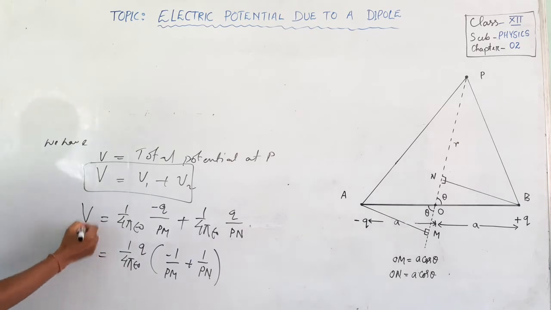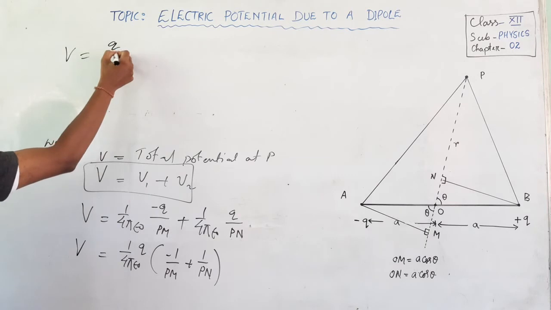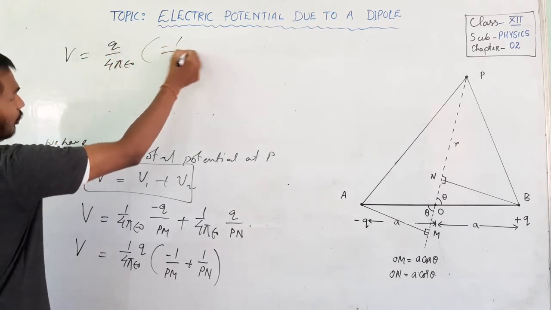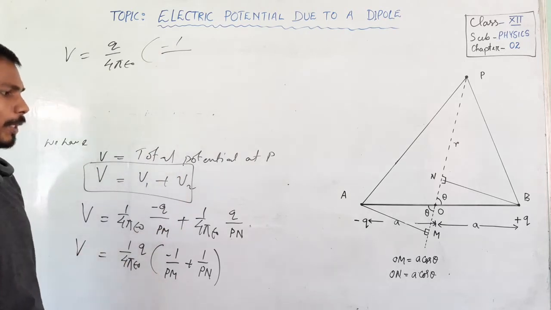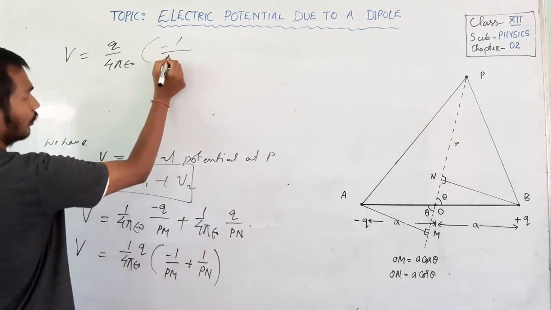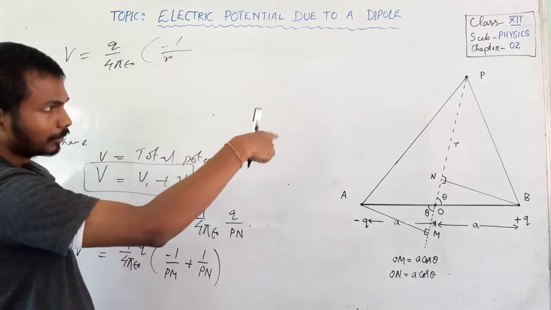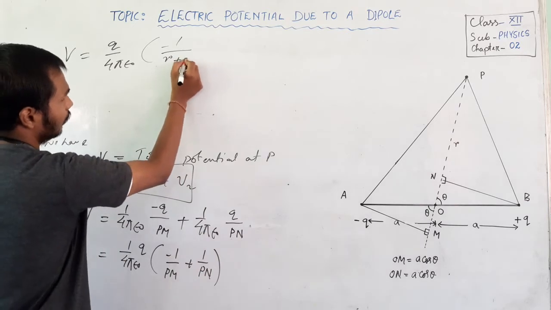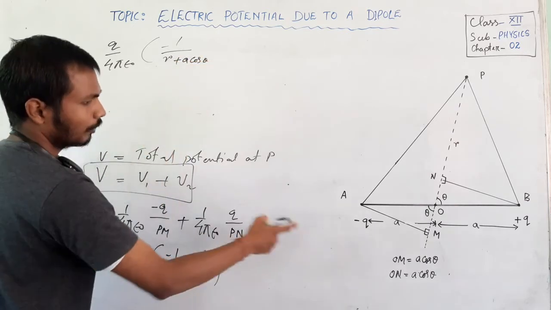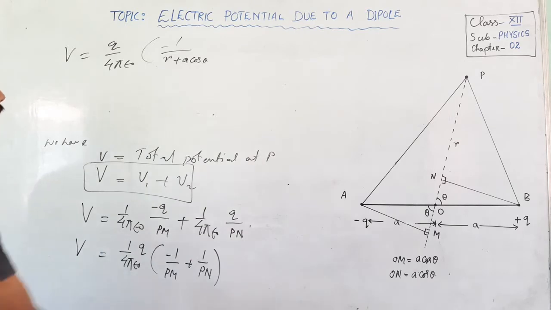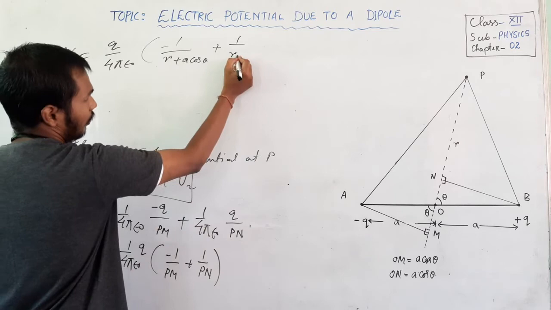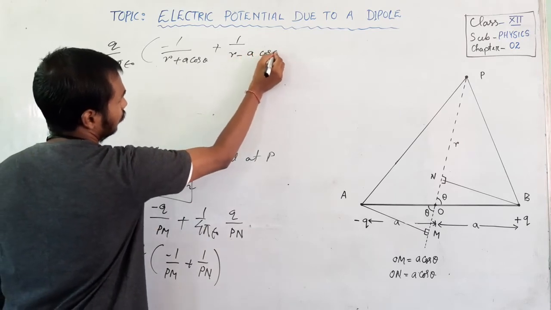Now V is equal to Q by 4 pi epsilon naught, minus 1 by, what was the value of PM? PM is equal to R plus OM, R plus A cos theta, plus 1 by R minus A cos theta.